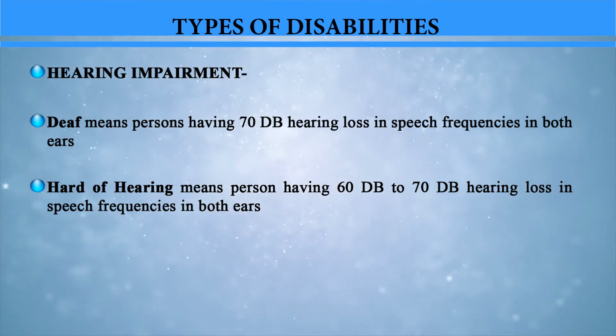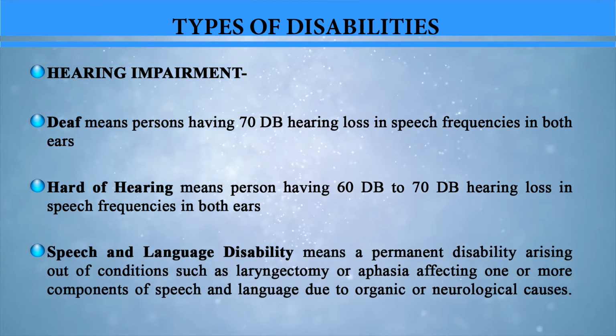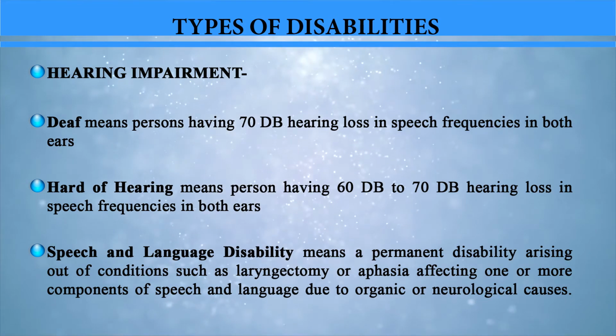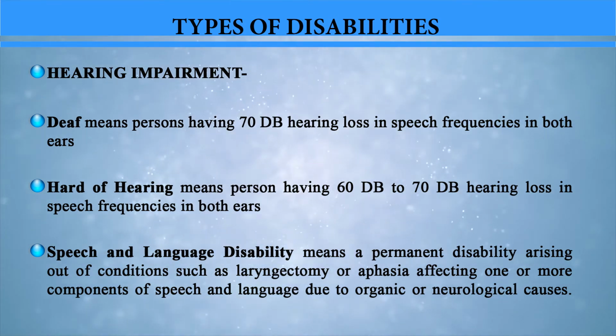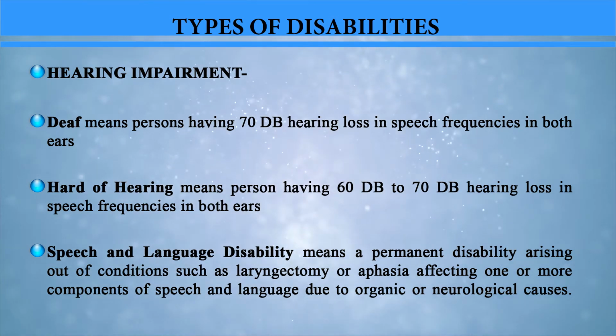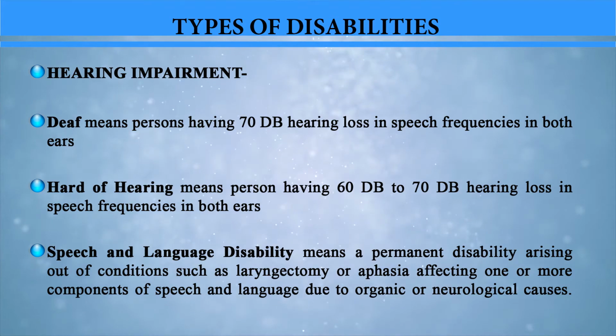Then comes the condition speech and language disability. It means a permanent disability arising out of conditions such as laryngectomy or aphasia affecting one or more components of speech and language due to organic or neurological causes. Then comes intellectual disability.